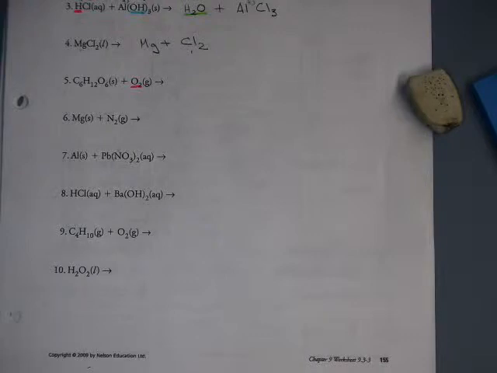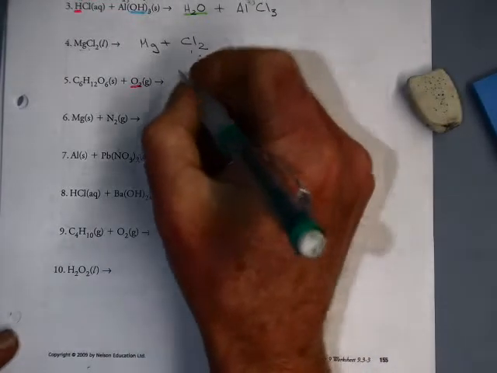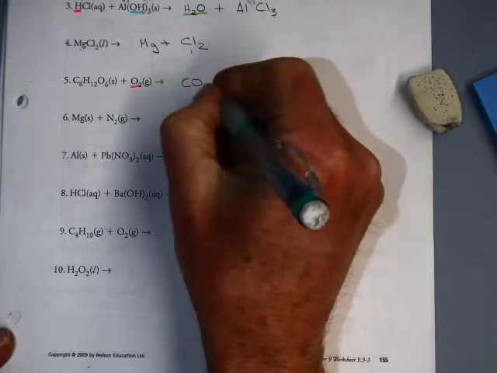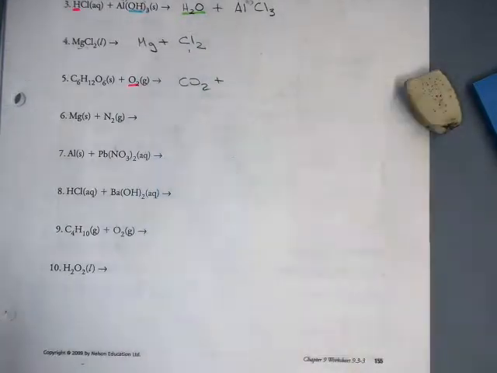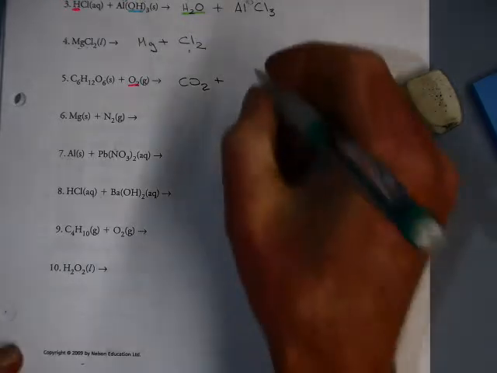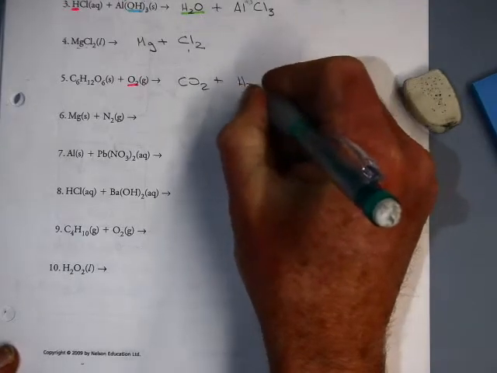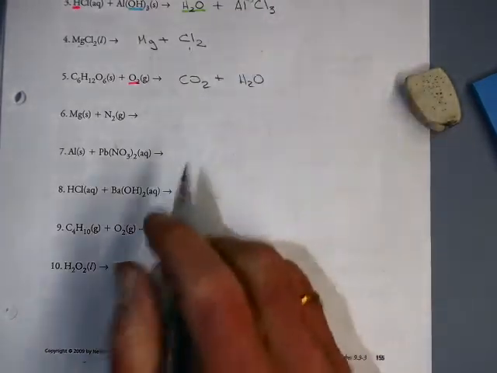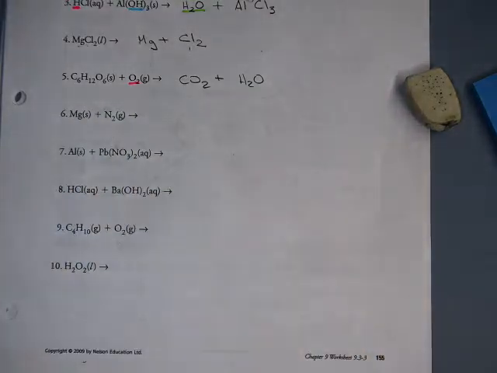What two things are always produced in every combustion reaction? CO2. Thank you. You're always going to get CO2. And what's the other thing you're always going to get? That's right. You're always going to get water. So these are just givens.